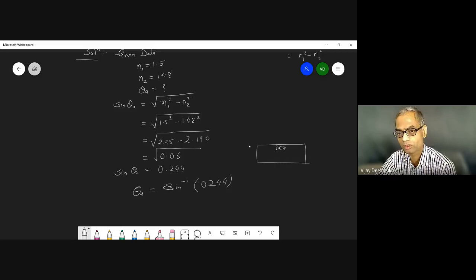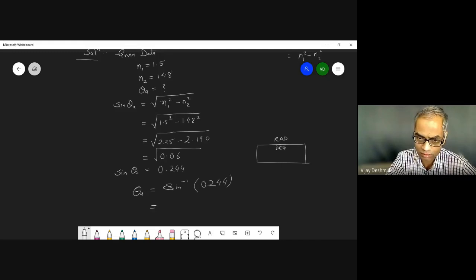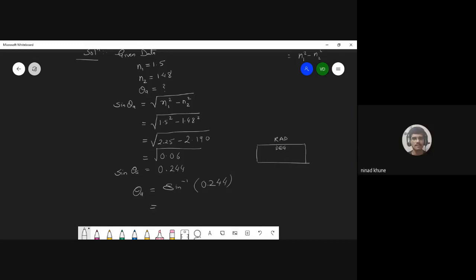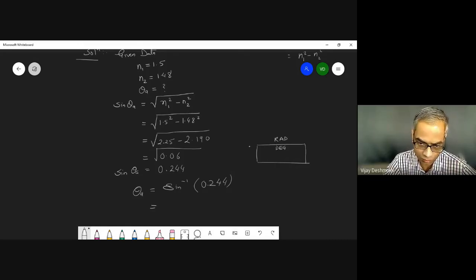There are 2 symbols for the angle: RAD for radian and DEG for degree. So make sure that you are in degree. This should come out around maybe 14, 15. Sine inverse of 0.244 is 14.12.